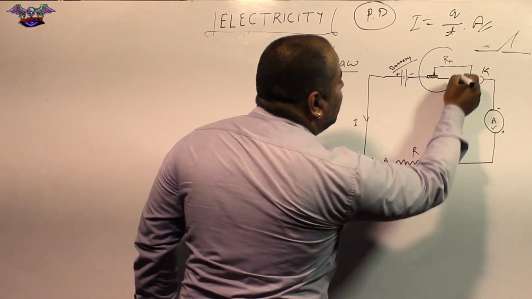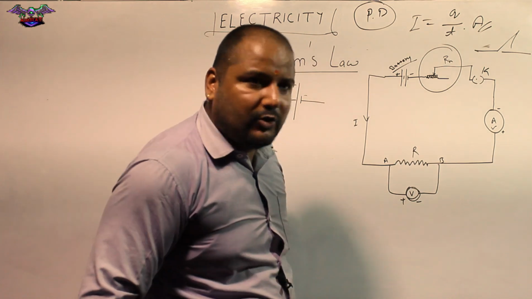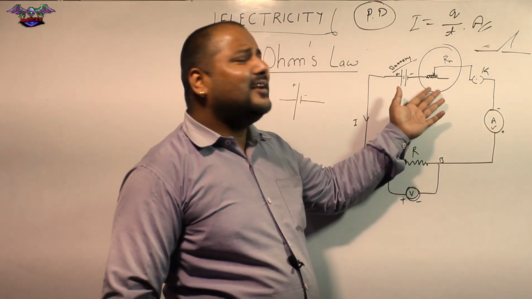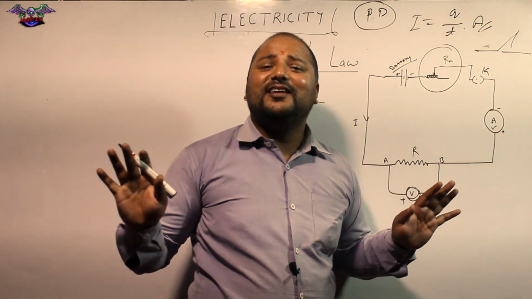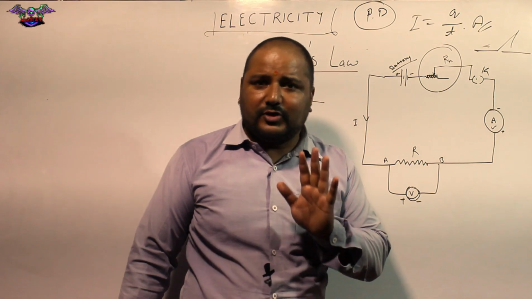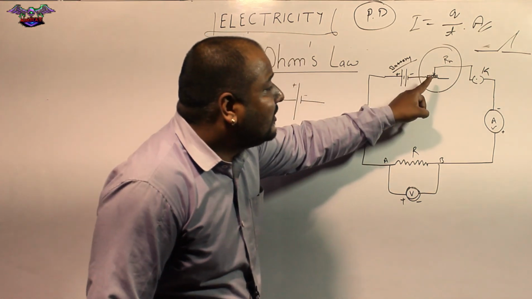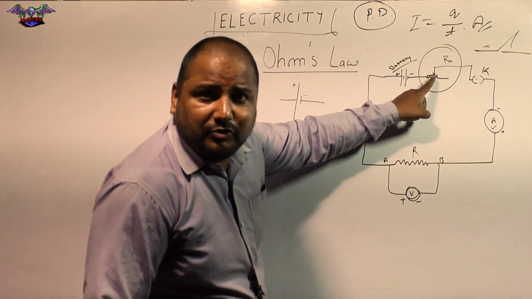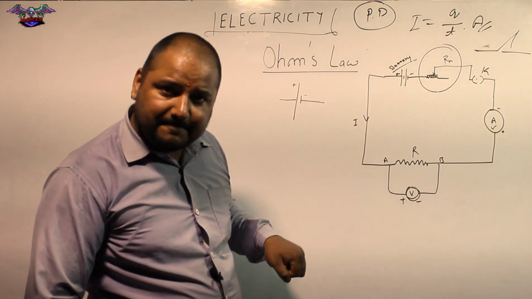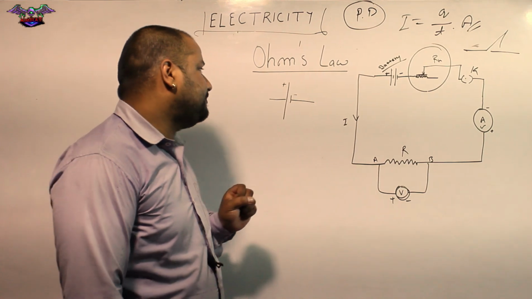So this is called the rheostat. The notation is RH. You can say that this is the variable resistor. In simple language, for understanding, it is a type of resistor which can change its value of resistance. Understood?